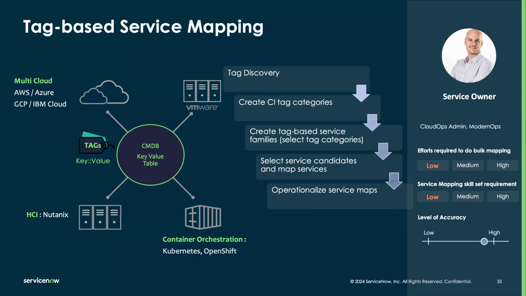So each CI has the right tagging, and then you can meaningfully create CI tag categories. That means that you group together tags based on same categories. And then you can group these categories with tag-based service families that will be eventually leveraged to create your service maps that will be then operationalized.